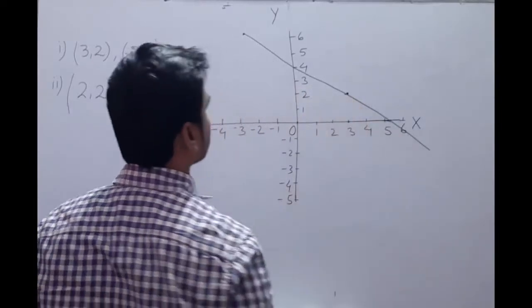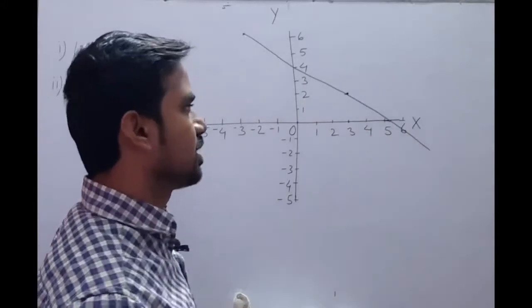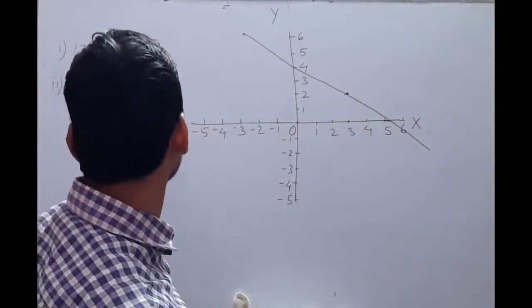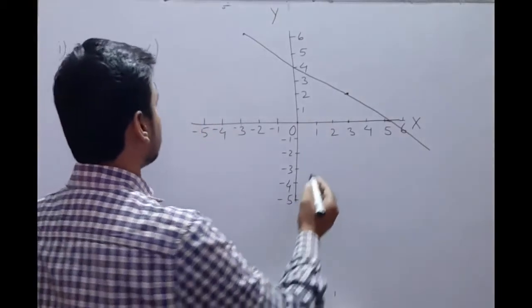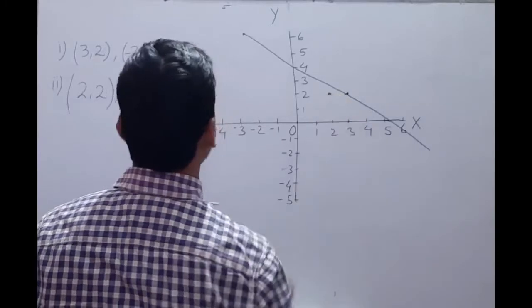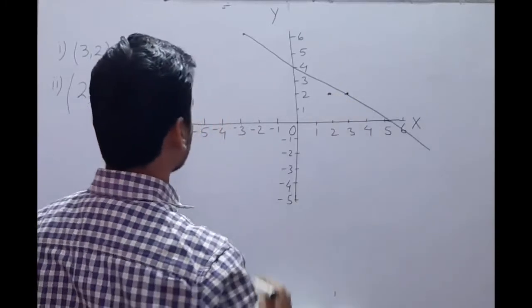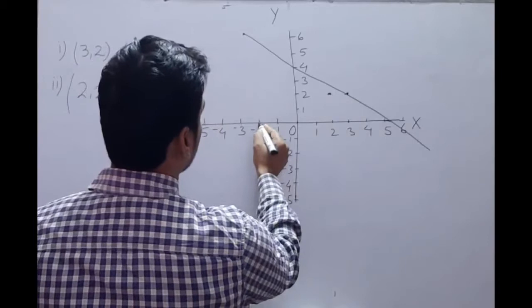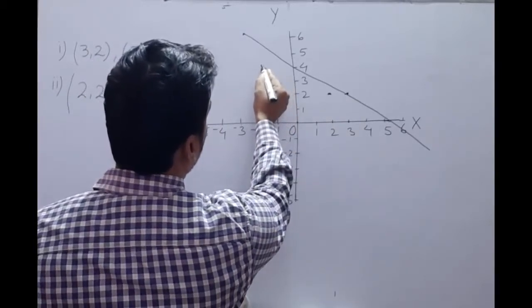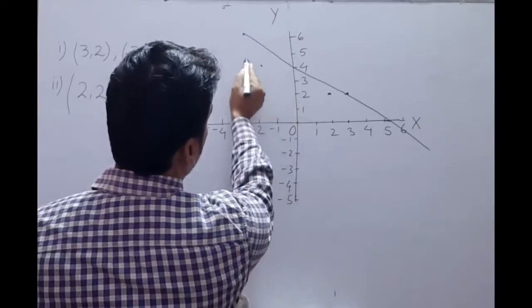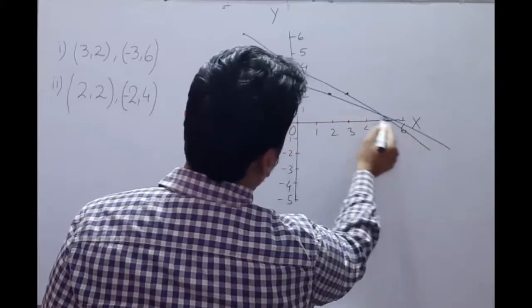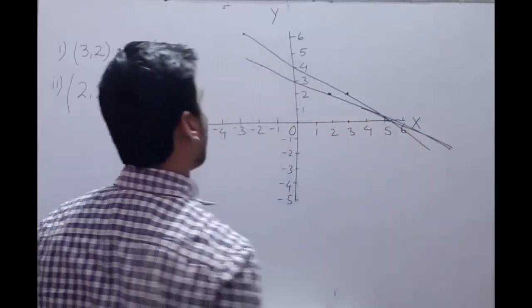These 2 points, so we get a straight line, that is the graph. Now for the second equation, we have the coordinates here: 2, 2 and -2, 4.